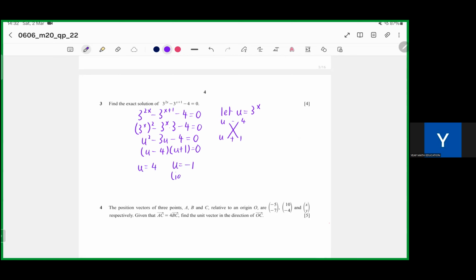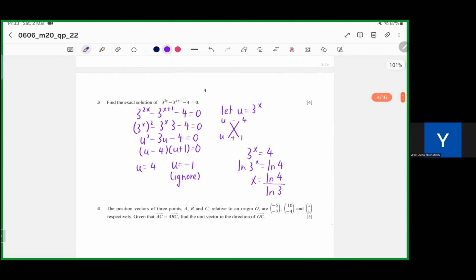But this we just ignore. Why? Because the range of the exponential is always more than 0. It does not take negative values, so we just ignore it. So we take 3 to the power x equals 4. We put ln, so we get x equals ln 4 over ln 3. This is our final answer.